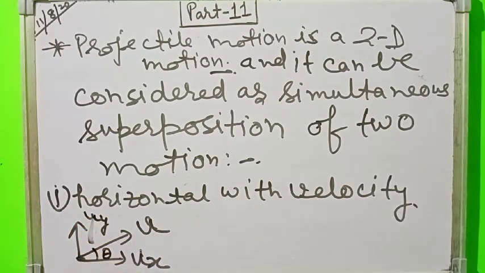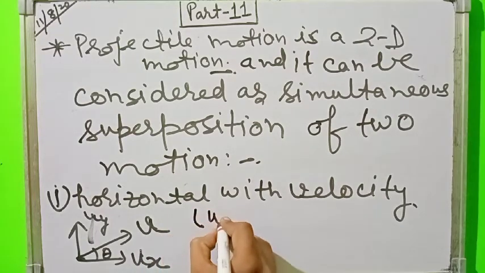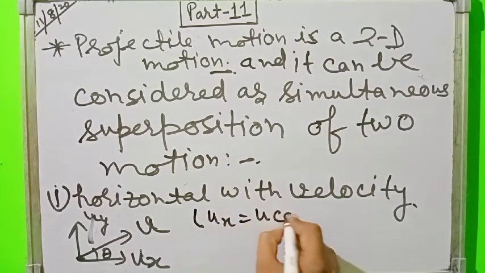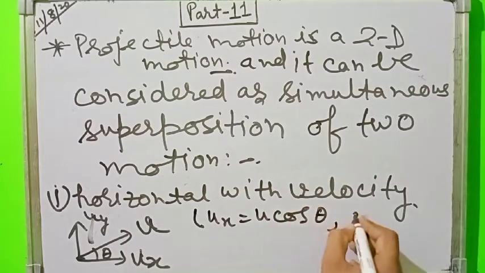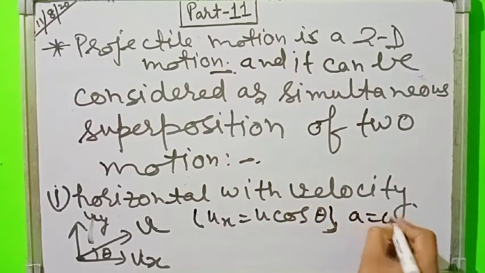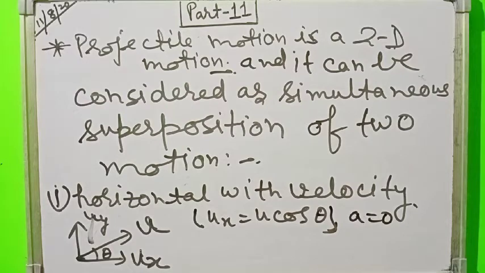This angle is theta. So horizontal, it can be considered as ux or u cos theta, and for u cos theta acceleration is taken as 0. There is no acceleration, meaning in this direction the body always moves with constant velocity, that is u cos theta.